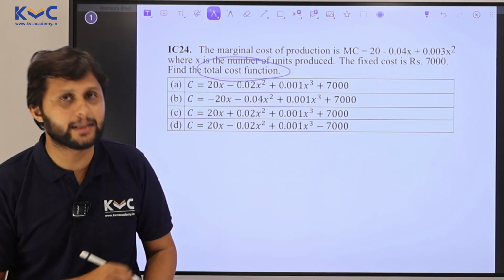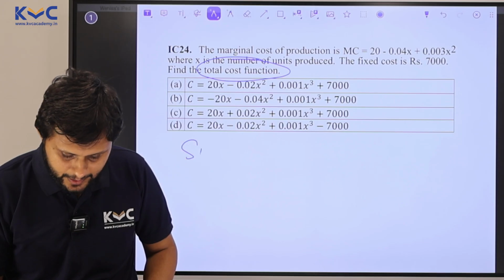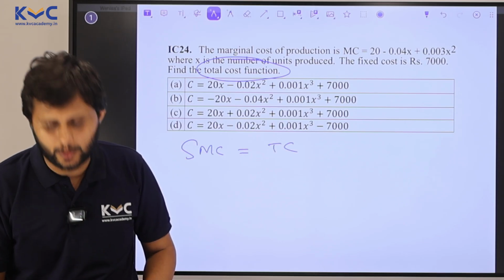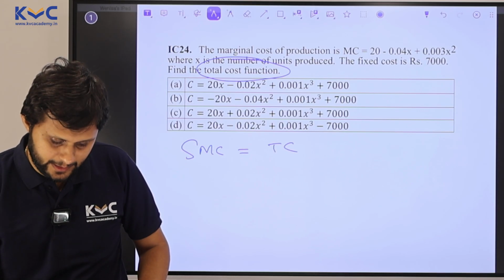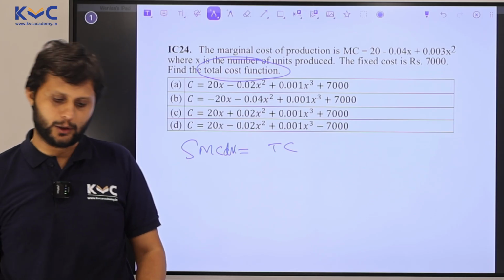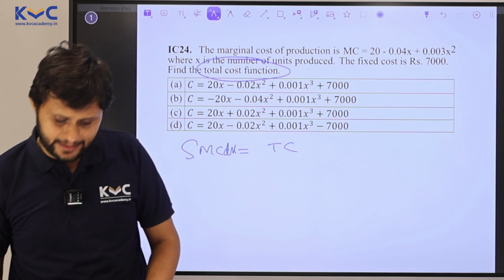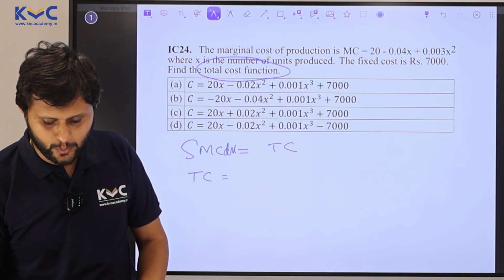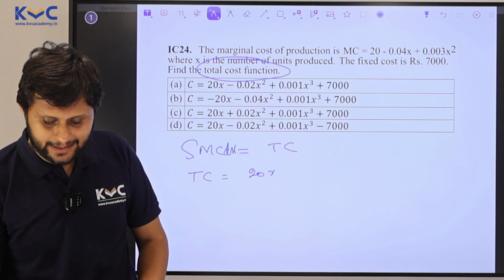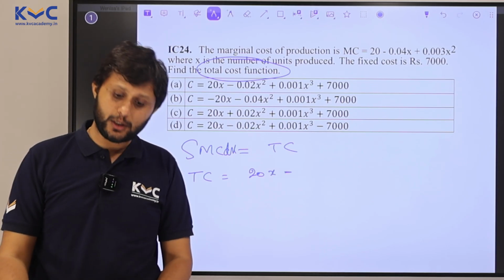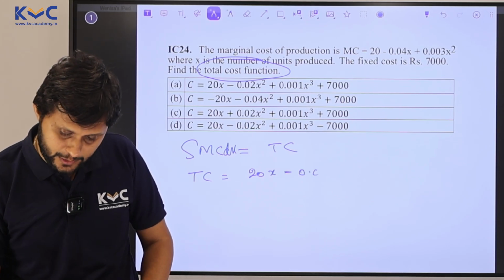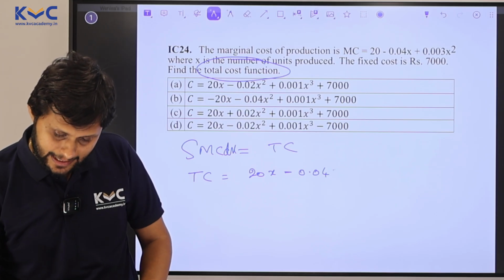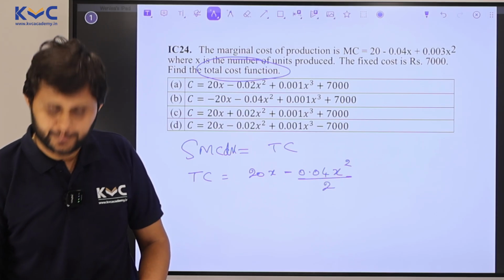So we will have to do integration. Integration of marginal cost with respect to x is equal to total cost. So we'll integrate this now. Integration of 20 is 20x. So total cost is equal to 20x minus integration of 0.04x, which is x square by 2.